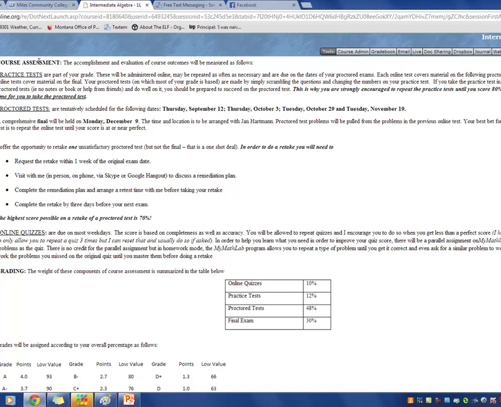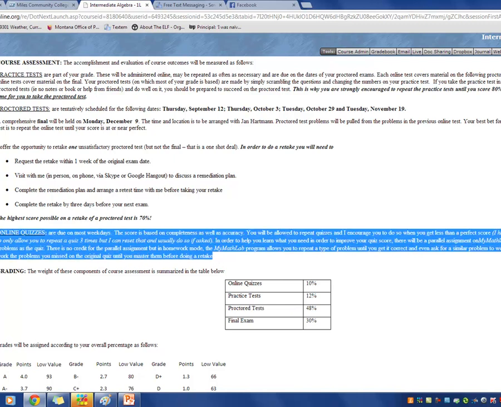So we get down to the 2 sections that you really have to know are here, and that this is the authoritative source for them. One is called course assessment and one is called grading. In course assessment, what are the things that get graded and how is that grade then calculated from them?